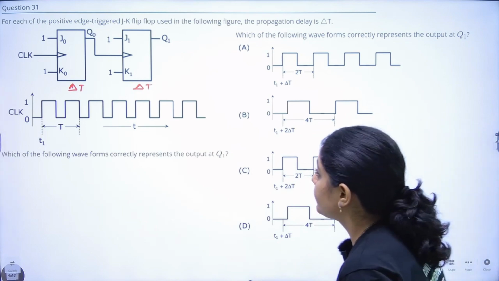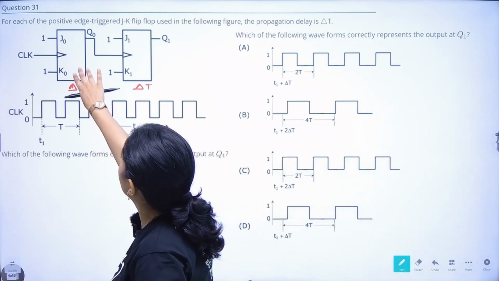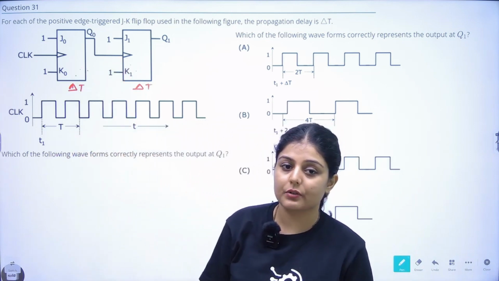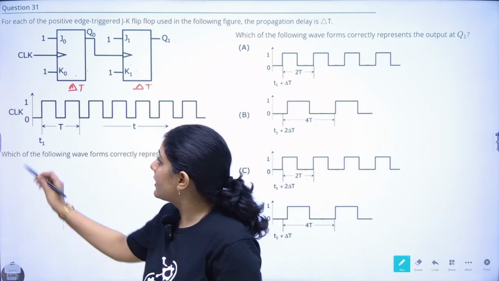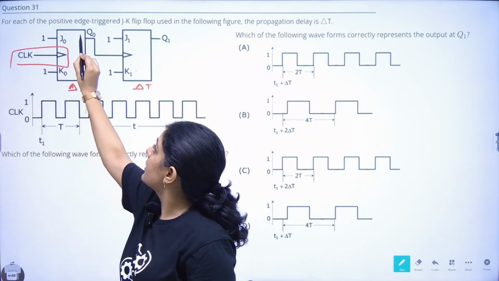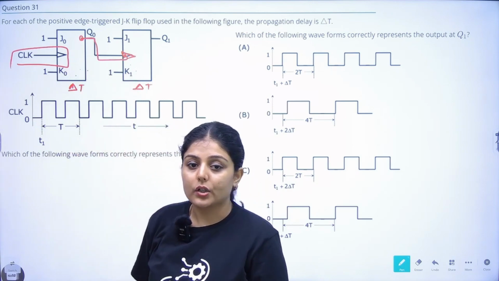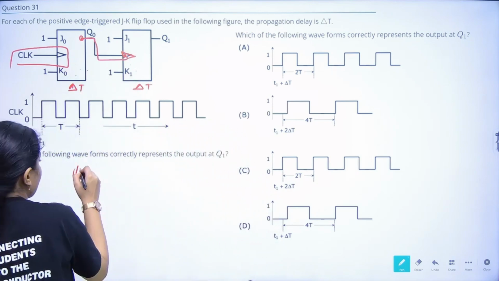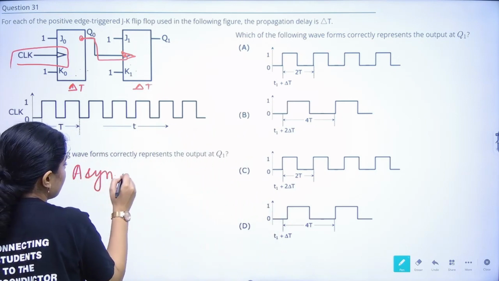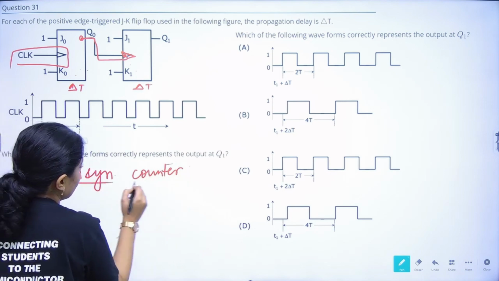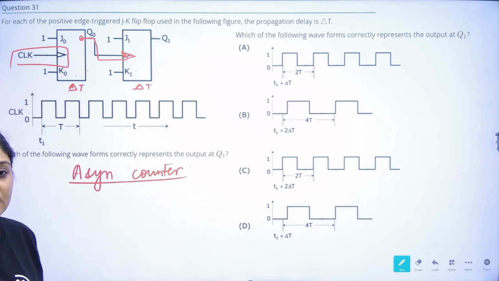Now let's just see what type of counter is this. This is synchronous or asynchronous? This is asynchronous. As you can see, clock is given to this and output of one is given to the other one's clock, right? So this is an asynchronous type of counter.